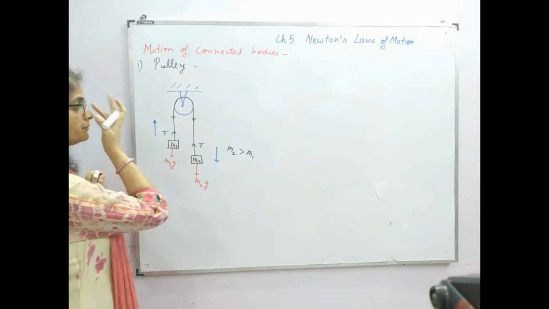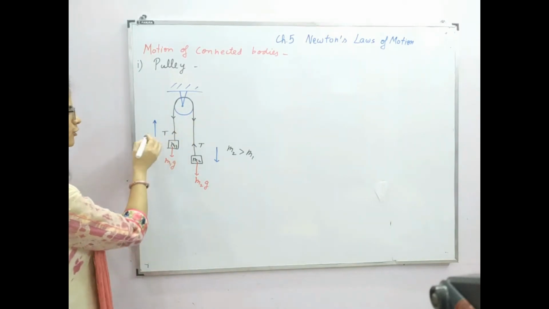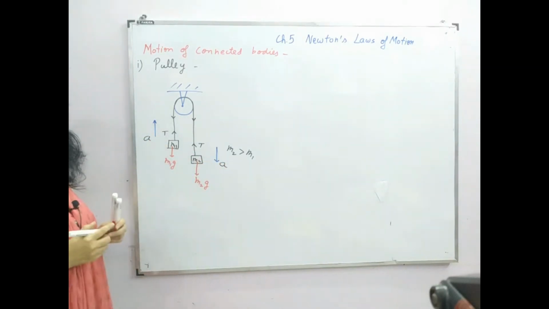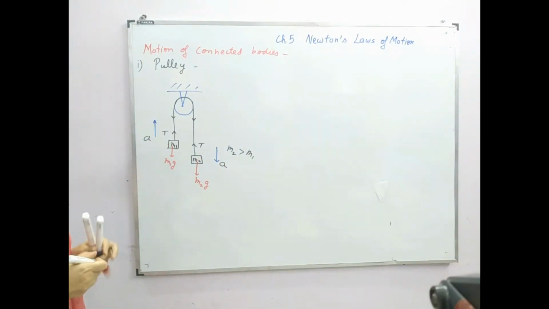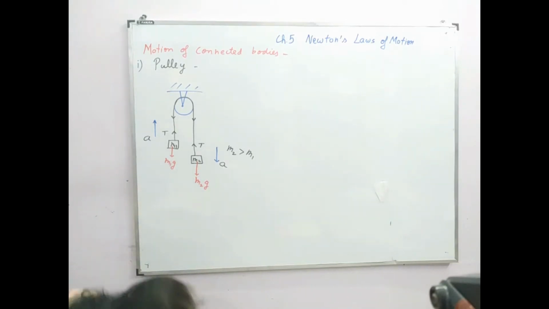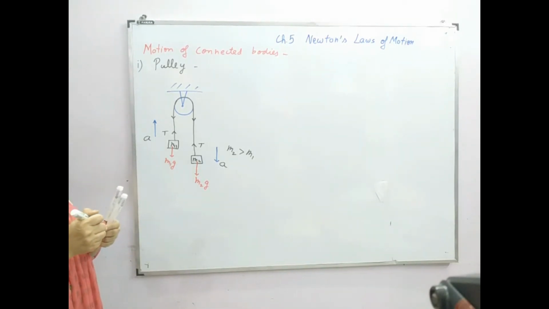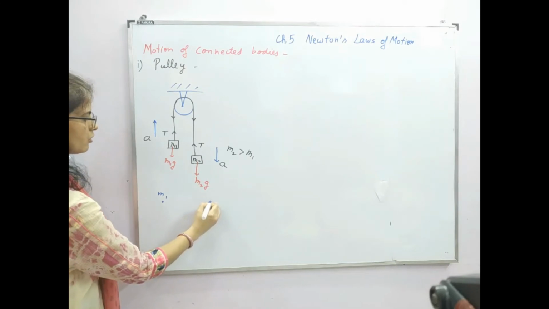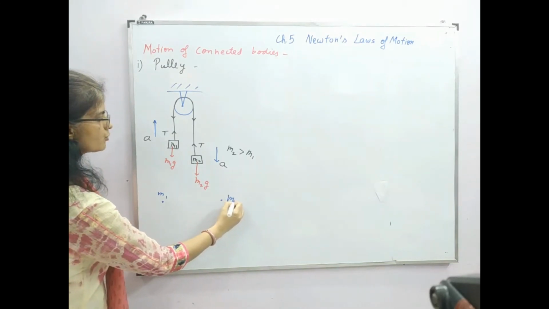Or you can say that if we want to draw the free body diagram, we need to mark the acceleration with which these bodies are moving. So for drawing the free body diagram, what are we supposed to do? We are talking about the mass m1 and we will talk about the mass m2 also.